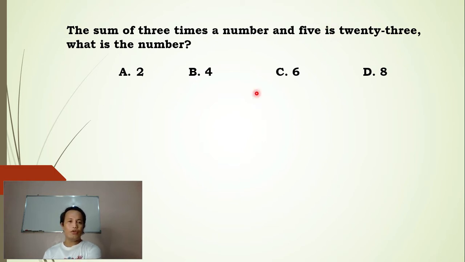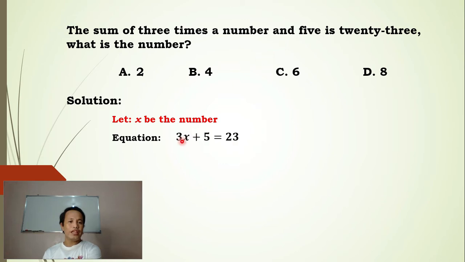So for the solution, first things first, as I have said, we need to represent what this number is. For this example, we will be using x as the number. So we let x be the number. If we translate this word problem into an equation, we can write it as 3 times a number.